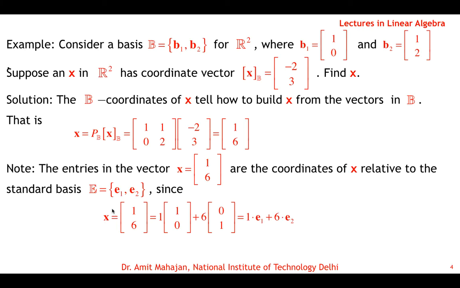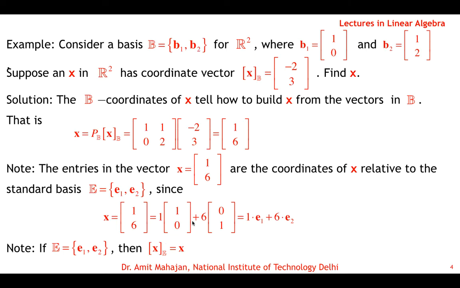And we know that if we write any vector x as a linear combination of the vectors in the basis e1, e2, then these two coefficients become the coordinate vector of x. Here the basis is E, so it is the E-coordinate of x. If E is the basis e1, e2, then the E-coordinate of x is the same as x. Clearly x is (1, 6), and the E-coordinates are the coefficients or weights, which are again 1 and 6.